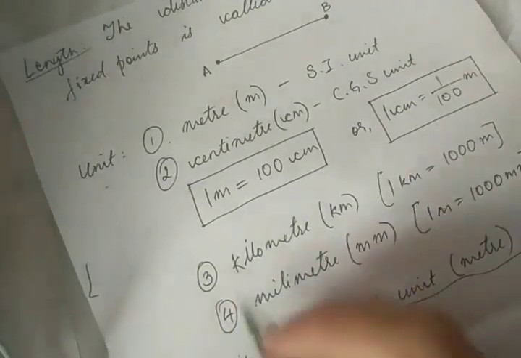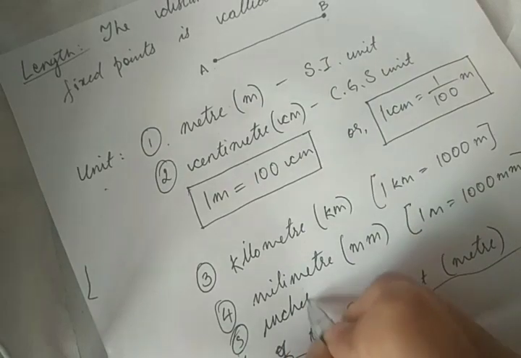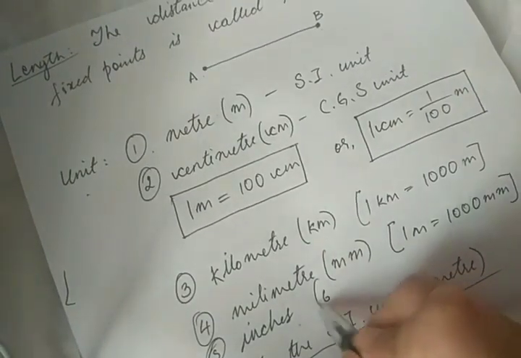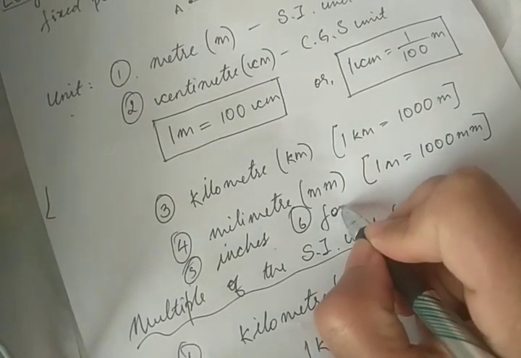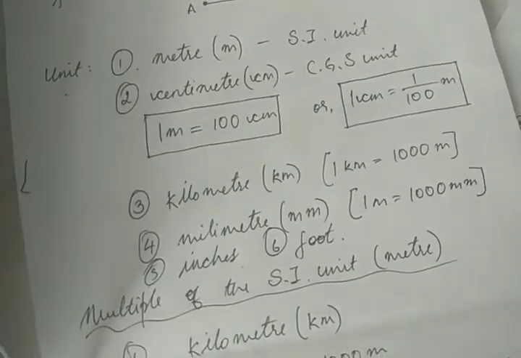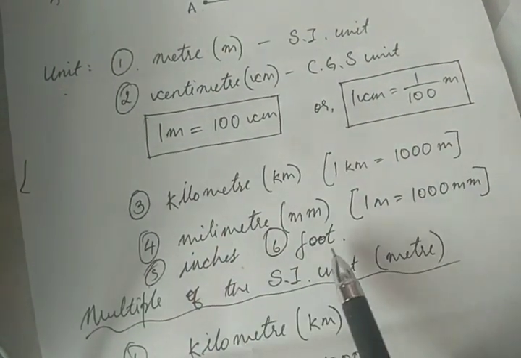If you wish to, you can add the fifth also, inches. It's better you write this down, inches, and write foot. Don't write feet, write foot. So these are the units: meter, centimeter, kilometer, millimeter, inches, foot.